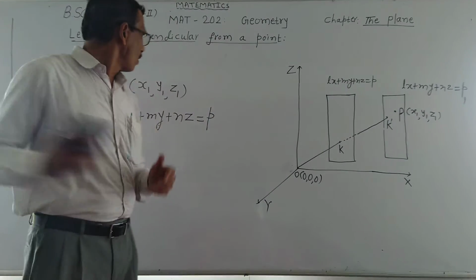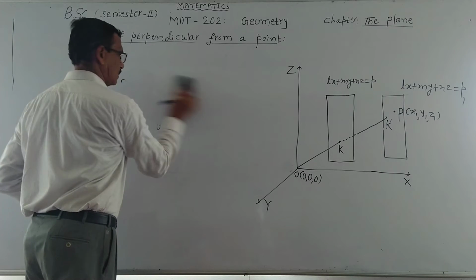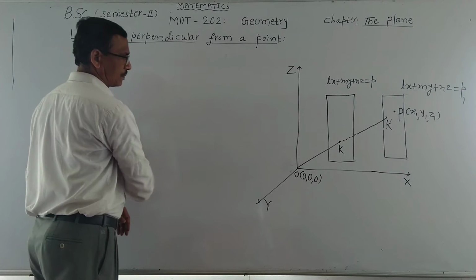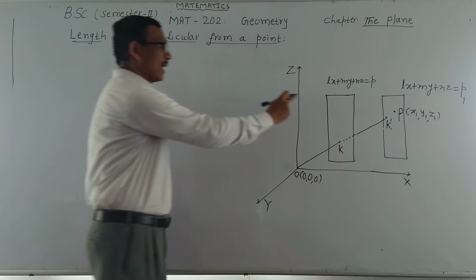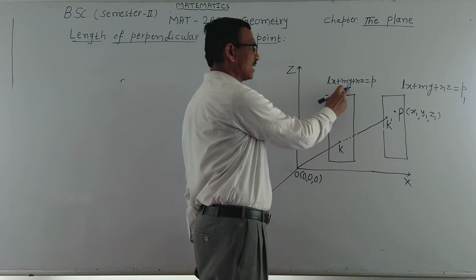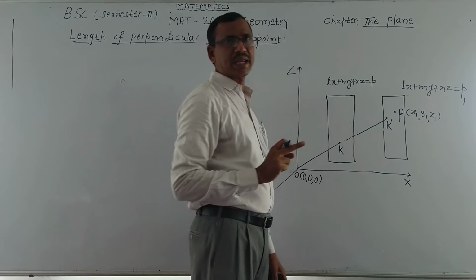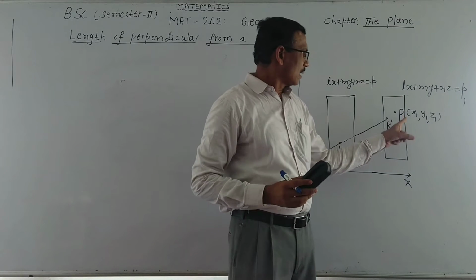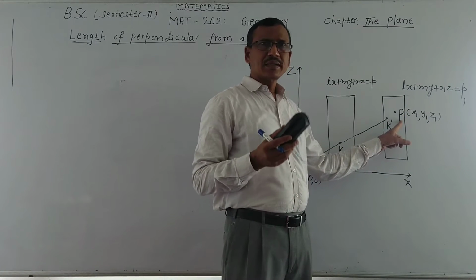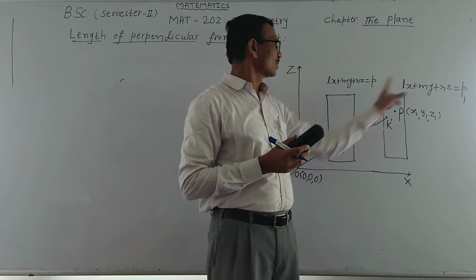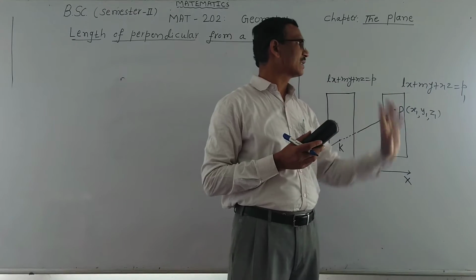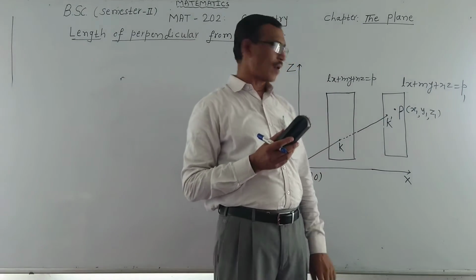Now this is a plane whose equation is Lx plus My plus Nz is equal to p. Point P lies on the second plane, and the second plane is parallel to the first plane, whose equation is Lx plus My plus Nz is equal to p1.